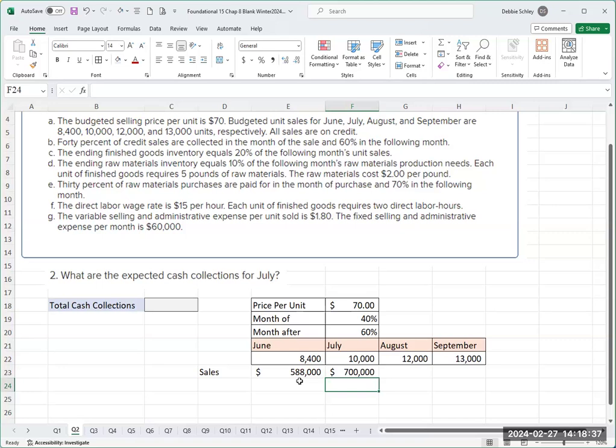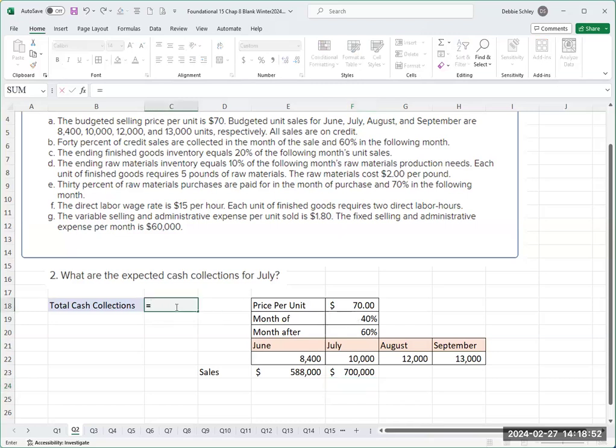Okay. So essentially, in July, I'm going to collect June's month after and July's month of.